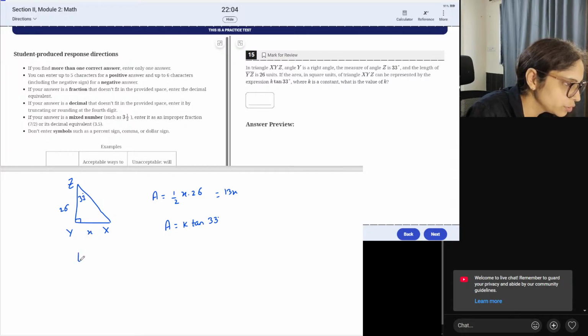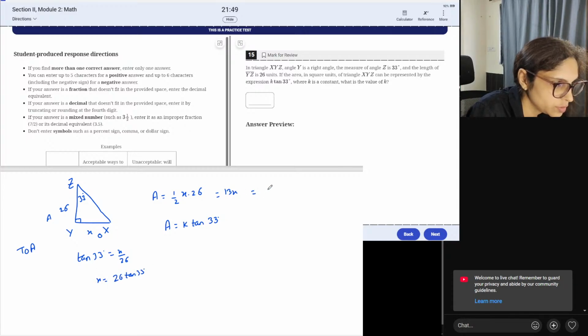So 1033 is going to be opposite over adjacent. This is opposite, this is adjacent. So 1033 is X over 26. X is 26 times 1033. So area is 13 times 26 times 1033.